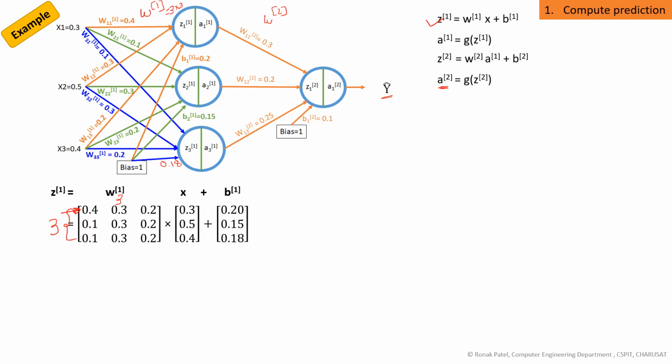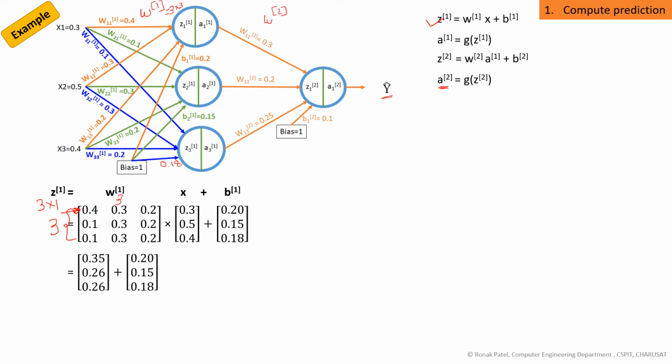So if you solve this, the result will be your Z1. And what is Z1? It is the vertical stacking of Z11, Z21, and Z31, right? So the size of Z1 will be 3 cross 1. Now let's see.